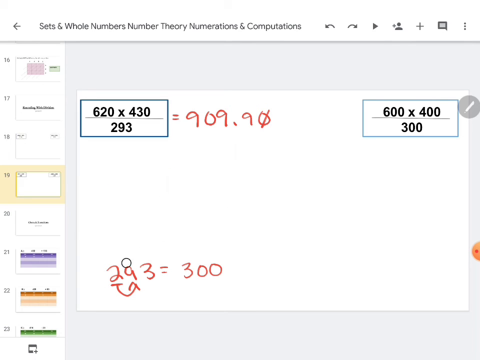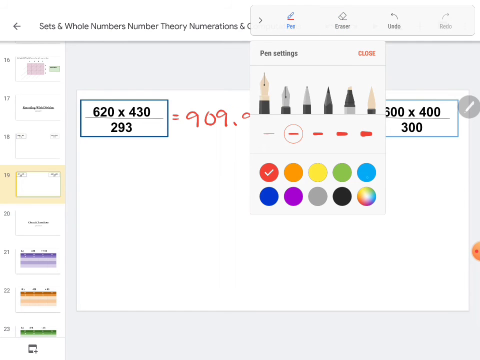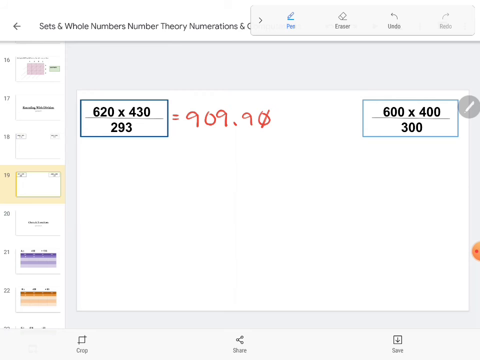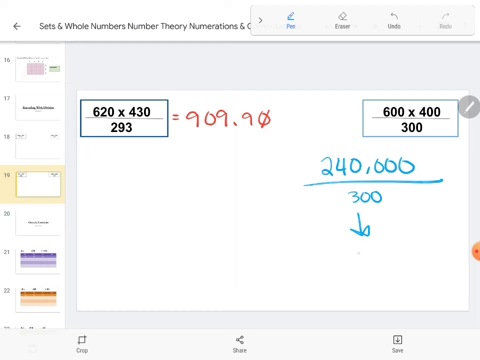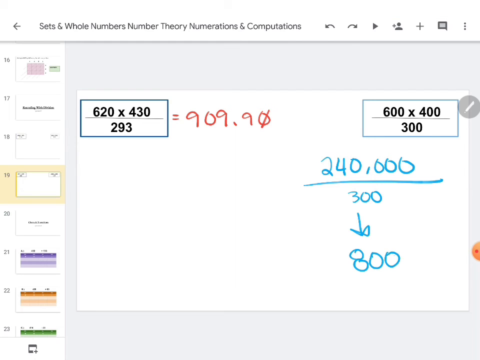Now we're just going to solve for that one. You're welcome to do this by hand if you'd like. I'm going to do it by calculator for time purposes. 600 times 400 is going to be 240,000, divided by 300, which is going to be 800.